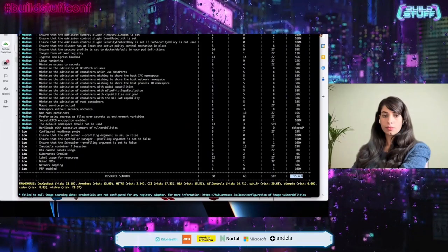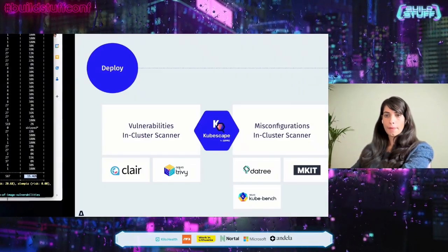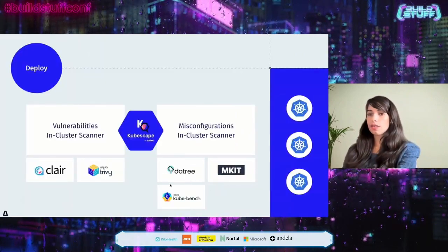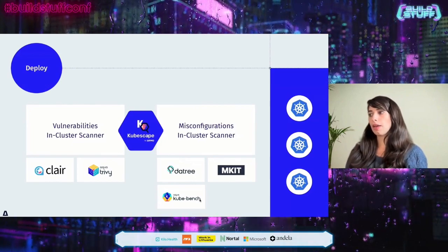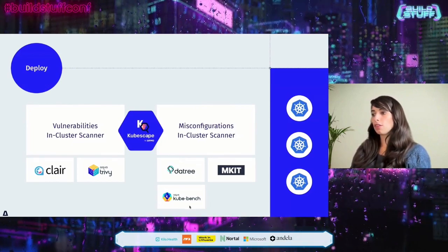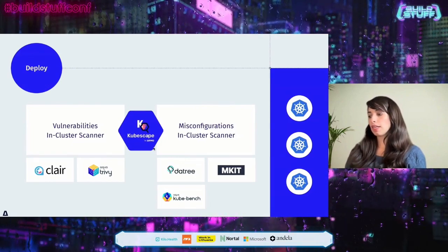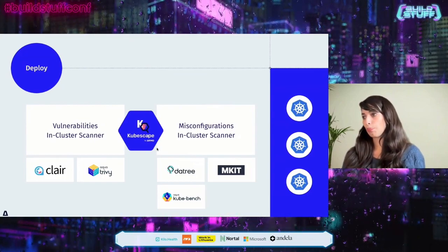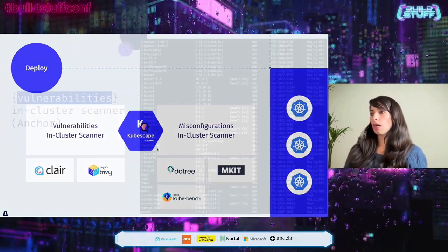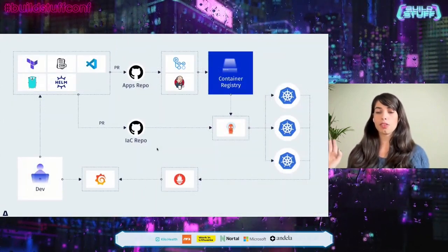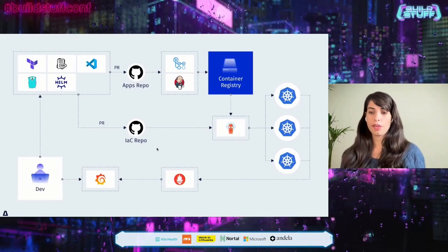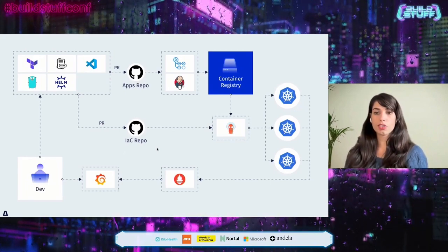So let me go back. Here it is. So there are several tools that are checking for misconfiguration. Trivy is checking it, MKKit, and also Kubebench by Aqua, and as I showed you, Kubescape as well. So we saw the first part of the deployment phase, and now let's go to the container registry.